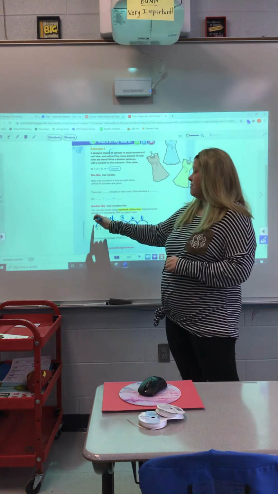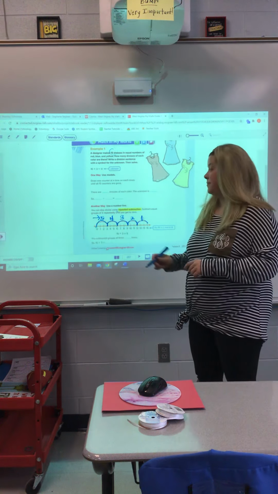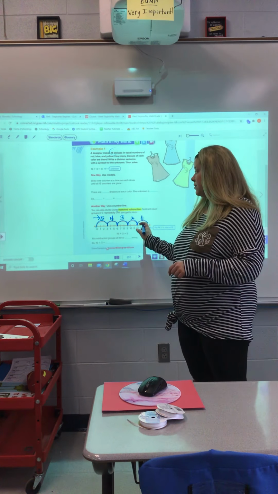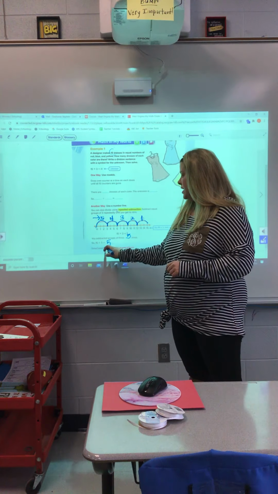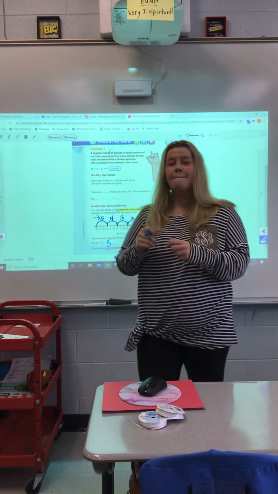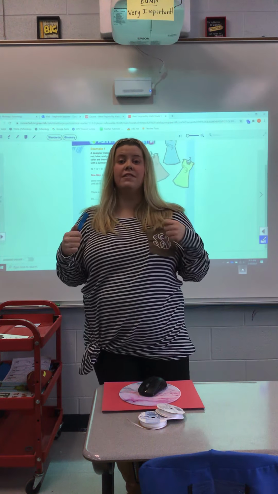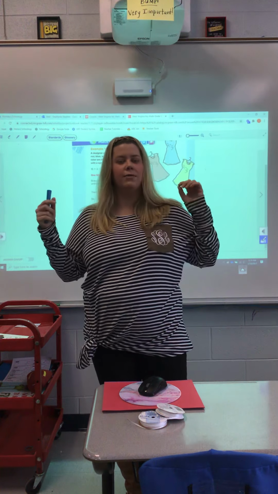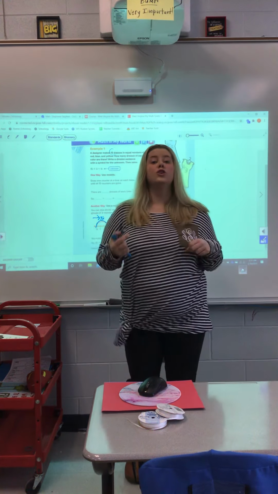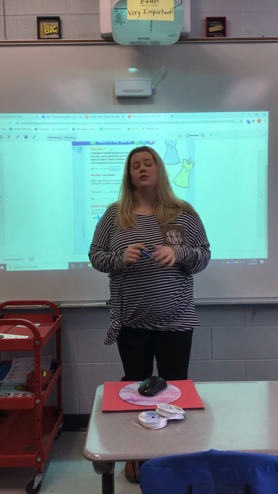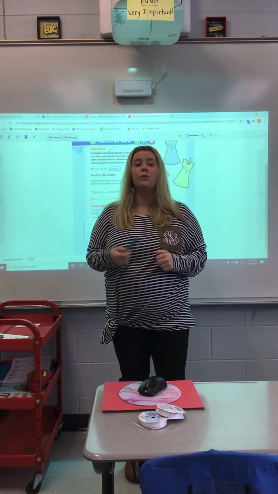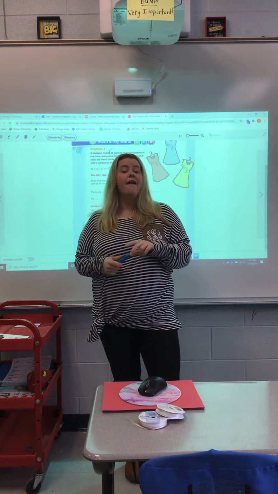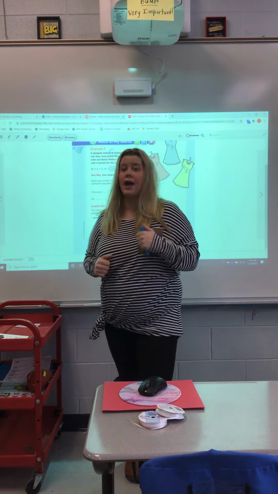Okay, so that means 5 is my answer. You subtracted groups of 3 five times, so 15 divided by 3 equals 5, okay? Now, I know sometimes the number line example can be a little confusing at first. So we're going to practice those, and don't worry, we'll get good at it. But before we get into practicing that a little more, I want to show you the second way that you can use repeated subtraction.